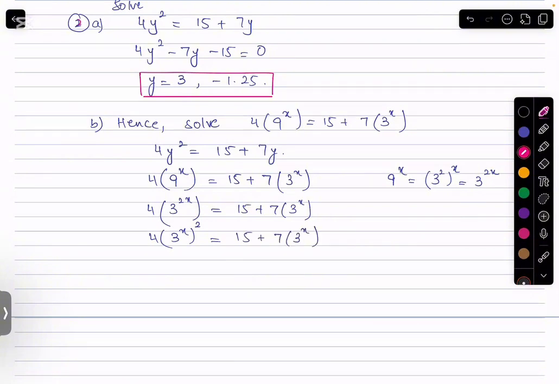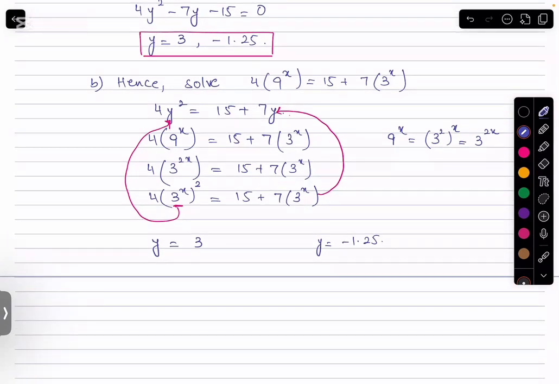ठीक है? Do you see that? This y here has been replaced as 3 to the power of x. 3 to the power of x again has been replaced by y squared. Is that okay? Yes. अब क्या हो रहा है कि y जो है, जो कि actually या तो 3 था या फिर it was a negative 1.25, right? These were the two values of y that we obtained.